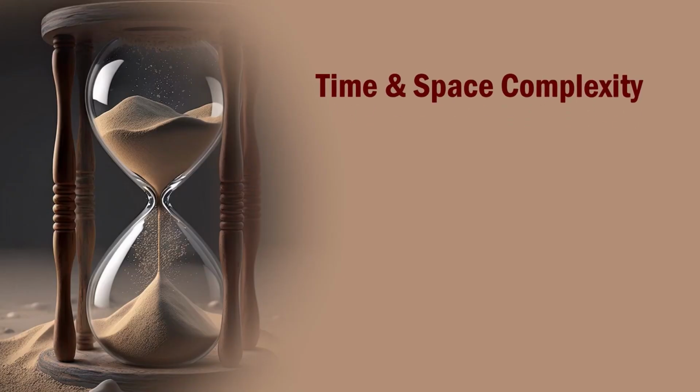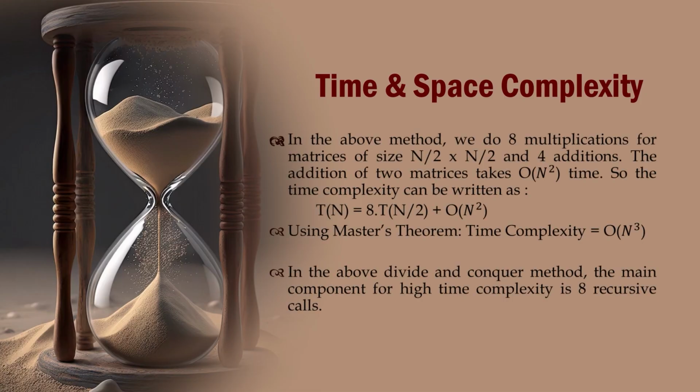So, in the above method we do 8 multiplications for matrices of size n by 2 cross n by 2, and 4 additions. The addition of 2 matrices also takes order of n square time. So, the time complexity can be written as Tn, where Tn means total time complexity having n elements.